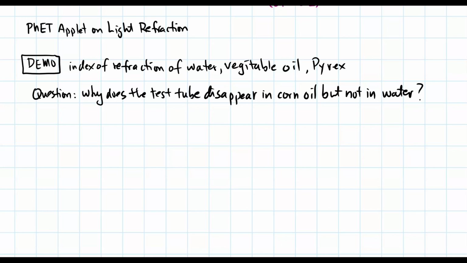Question: why does the test tube disappear in corn oil but not in water? We can only see objects because of the differences in the index of refraction. When I look at the test tube in water, the index of refraction of water and the glass tube don't match.